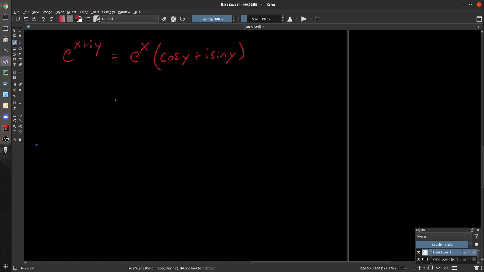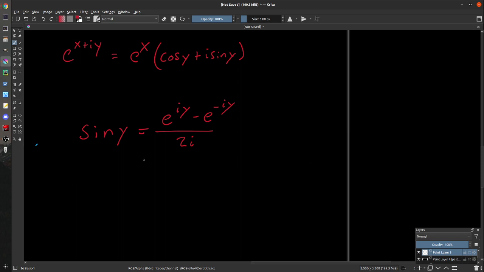Well, we should just be able to go through and solve some stuff, right? Let's solve for sine. I'll save us the trouble here. Sine y is going to be equal to e to the iy minus e to the minus iy over 2i. This is relatively easy to see.